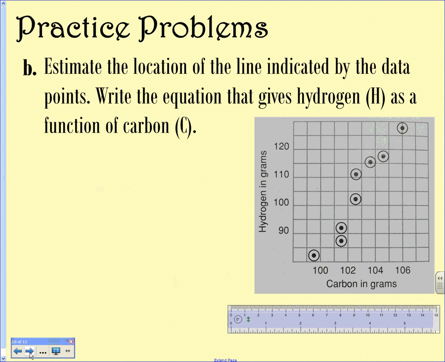Okay, so let's see if you can write the equation of this line of best fit. So what do we need to do? Draw a line. All right, so I want y'all to think about it, and then one of y'all is going to come up here to draw it. Bianca, here. Okay.